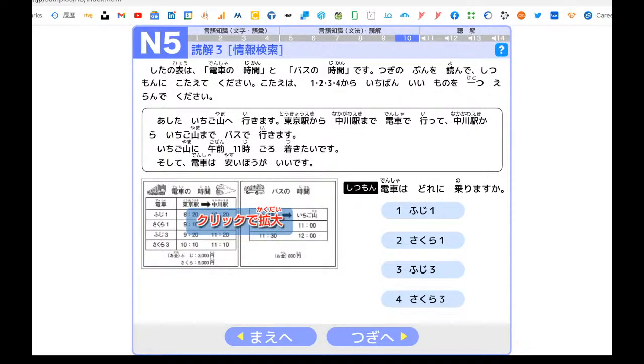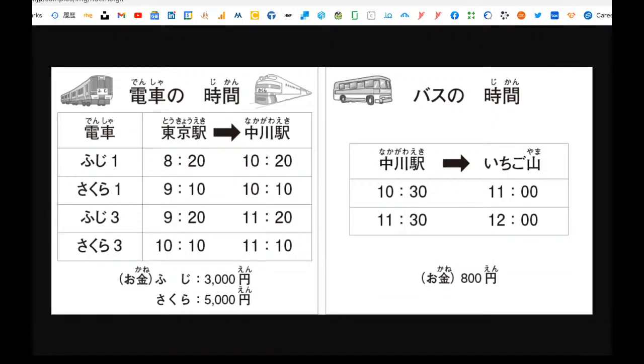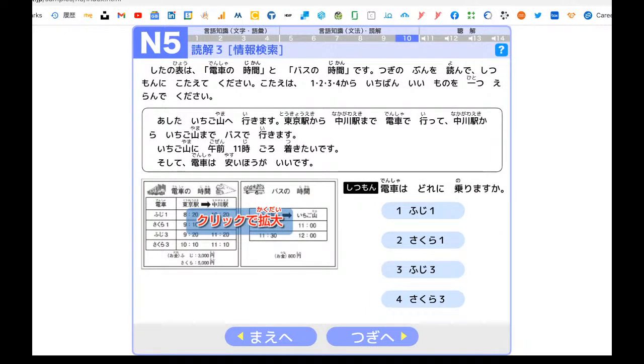Okay, do you see this chart? So if you see this question, you see the text here. 下の表は電車の時間とバスの時間です。次の文を読んで質問に答えてください。答えは1、2、3、4から一番いいものを一つ選んでください。So again, you need to choose the best answer from 1, 2, 3, 4 options.